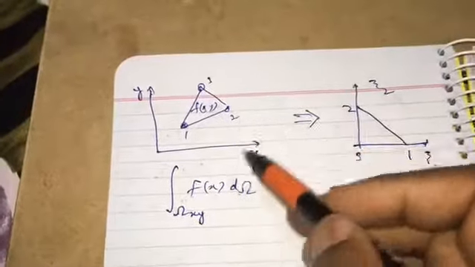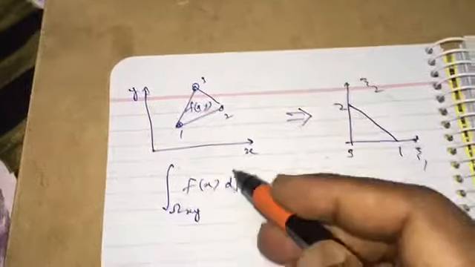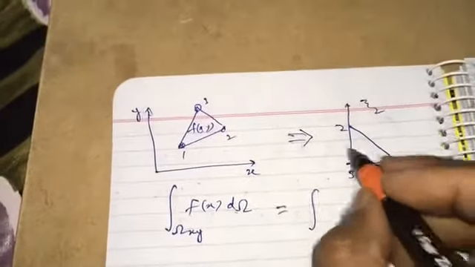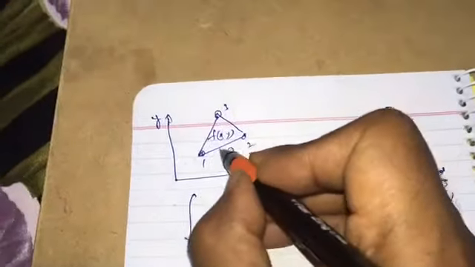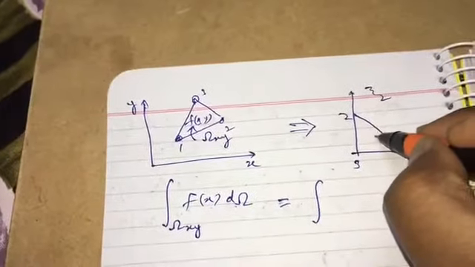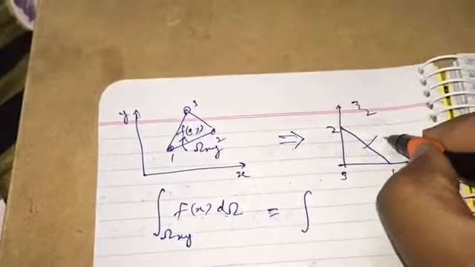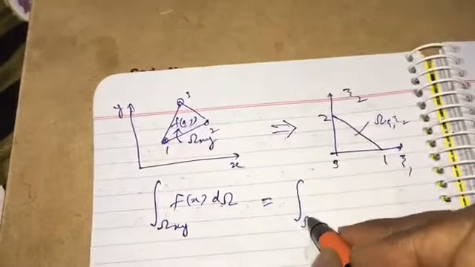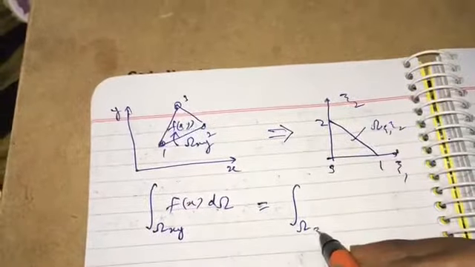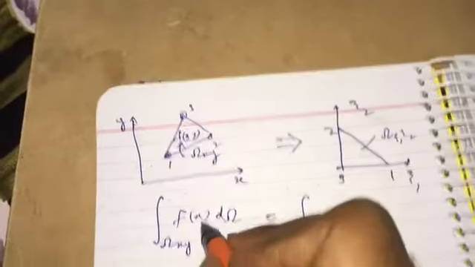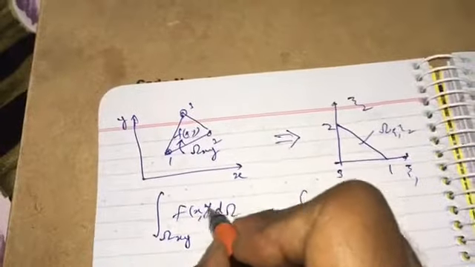If you have to evaluate this, it can be given by integration over omega xi1 xi2, the transformed domain, of f.